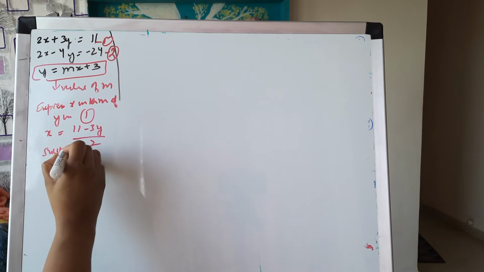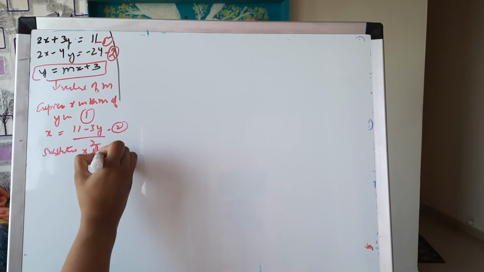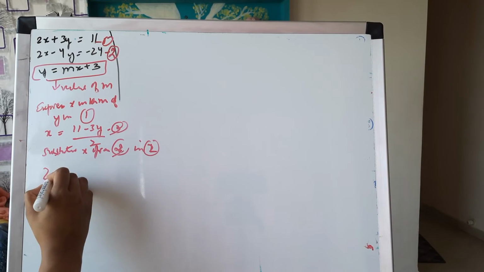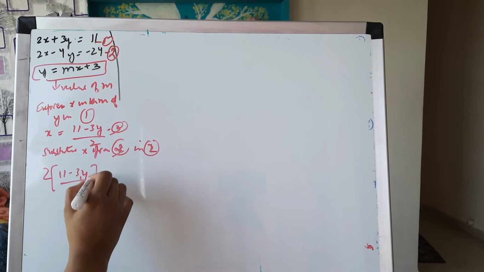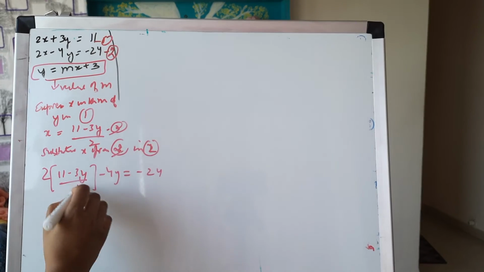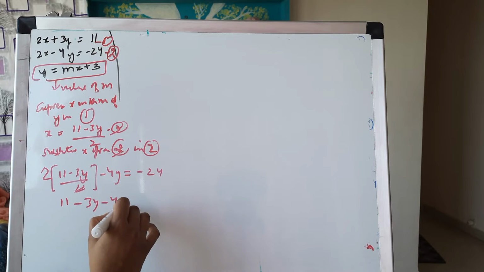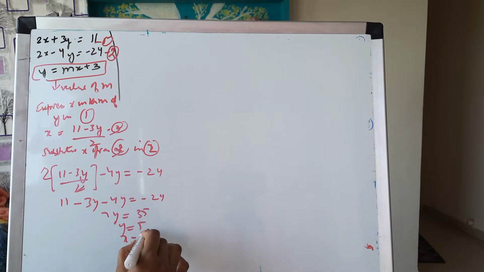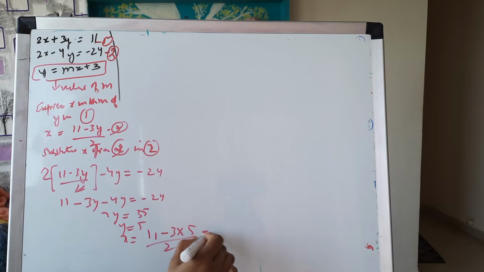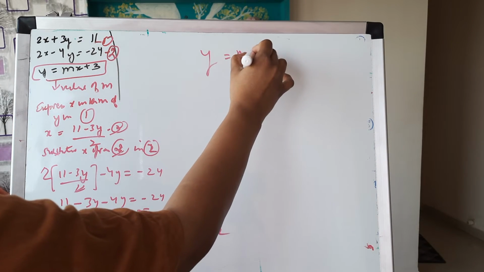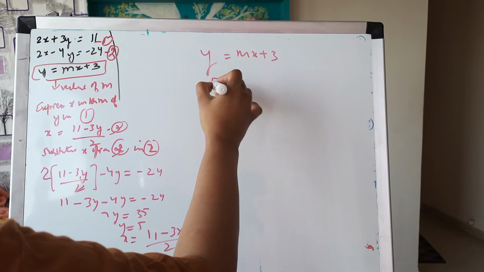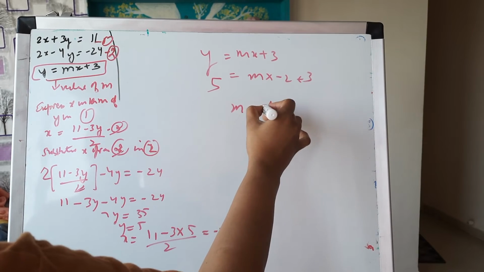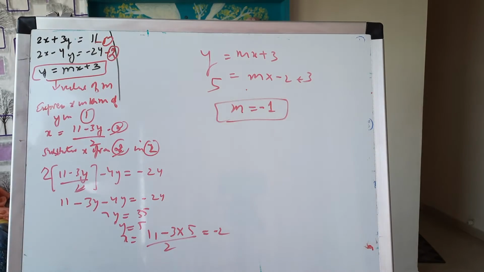Substitute x from 3 into 1: (11 minus 3y) by 2 minus 4y equal to minus 24, 11 minus 3y minus 8y equal to minus 48... 7y equal to 35, y equal to 5, x equal to (11 minus 3 into 5) by 2, which is minus 2. So y is equal to mx plus 3. What is y? 5 equals m into minus 2 plus 3. What does m become? Minus 1, right? So this is the answer for this question.